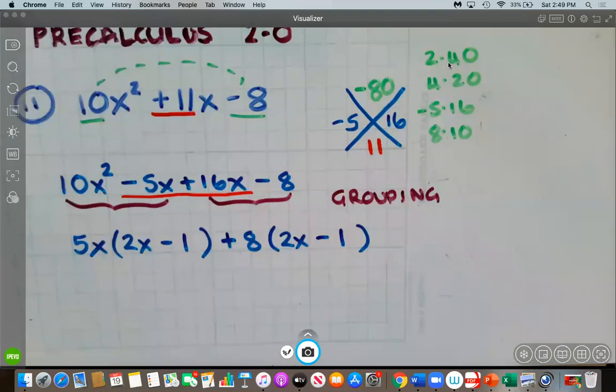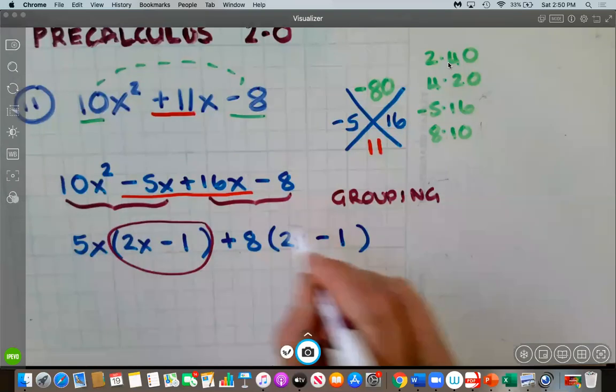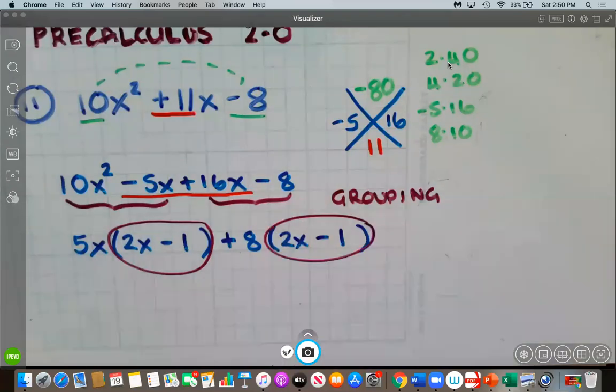And then hopefully you notice that you have this factor in common. And so you could write that now as your greatest common factor of these 2 terms that are separated by your plus sign here would be 2x minus 1.